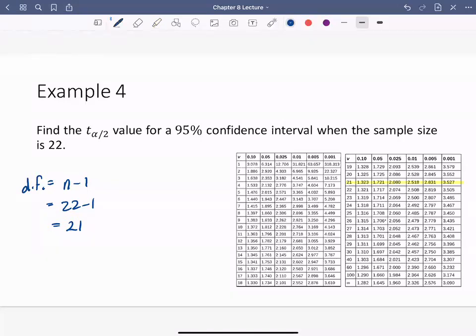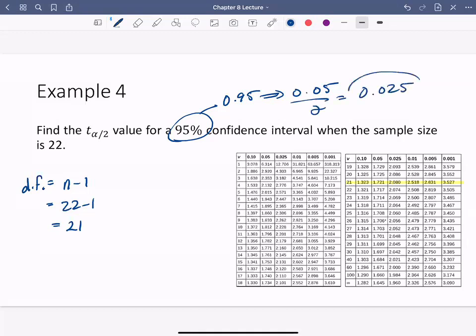Now, I know it says 95% confidence, so you would say that's 0.95. If you look at our chart from before, what's left over is 0.05. But remember, we are splitting this, so half of this is 0.025. So this is where we look in this column right there, the 0.025.